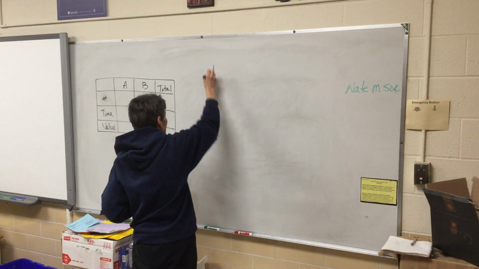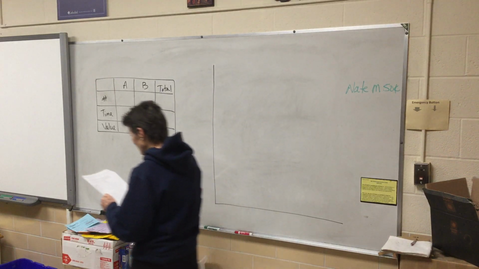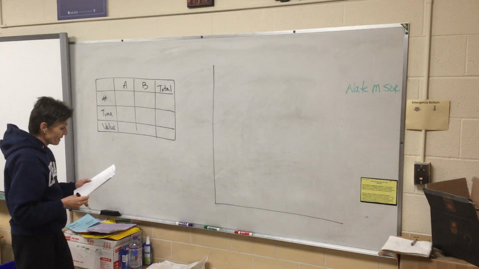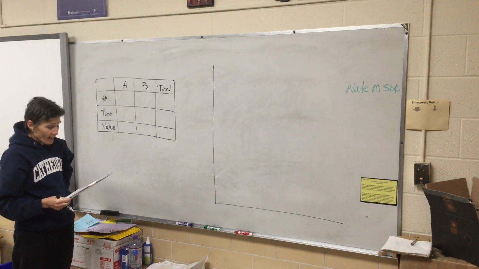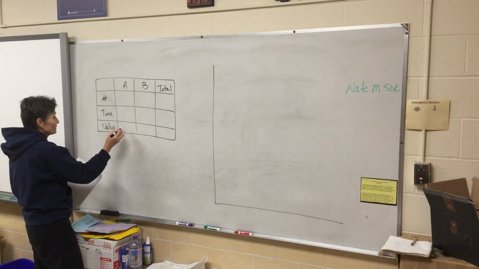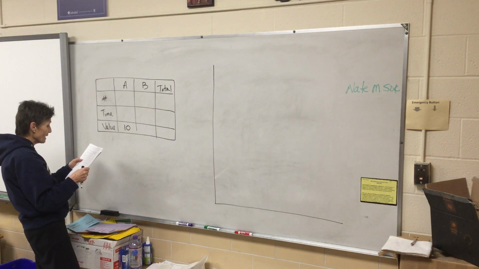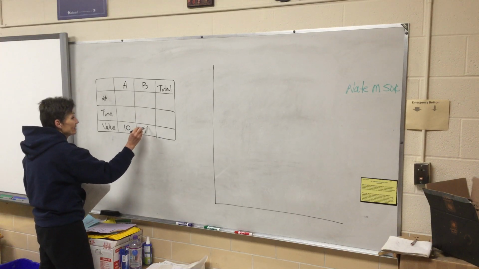And we're eventually going to be graphing. I'm going to set that up. Here we go. You are taking a test in which type A questions are worth 10 points. So I'm going to go ahead and put that right here, 10 points for the A's. And the value of type B points are 15.